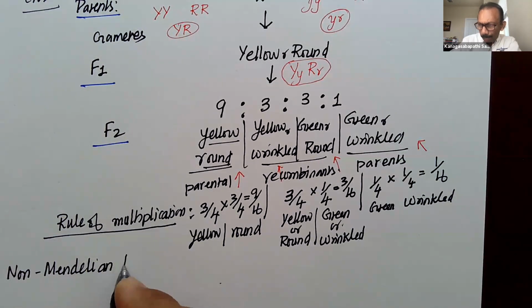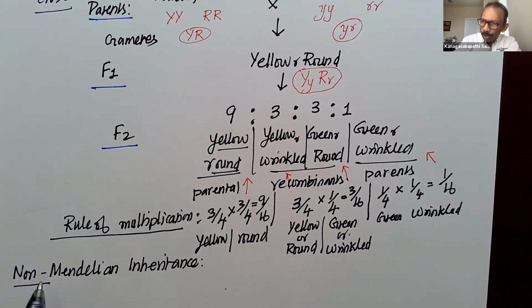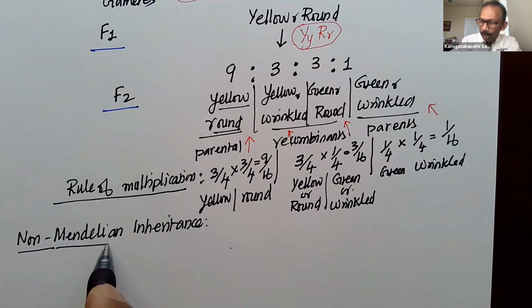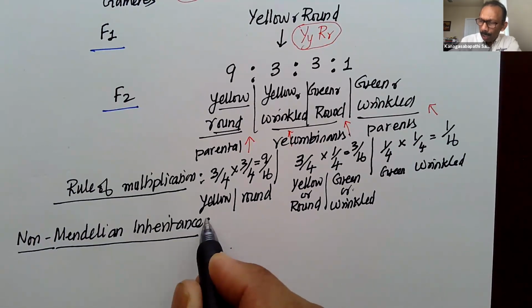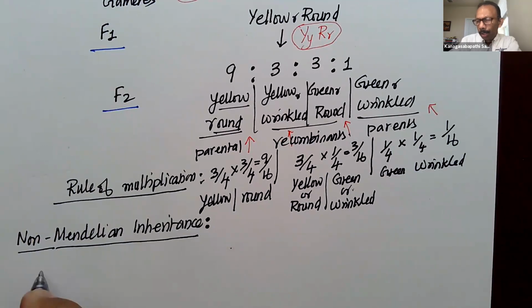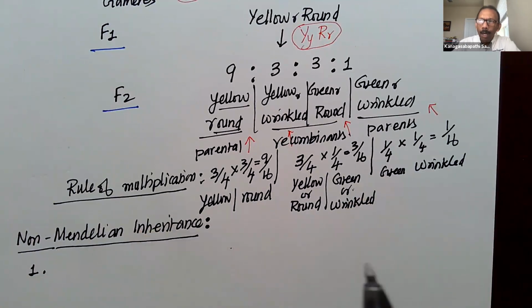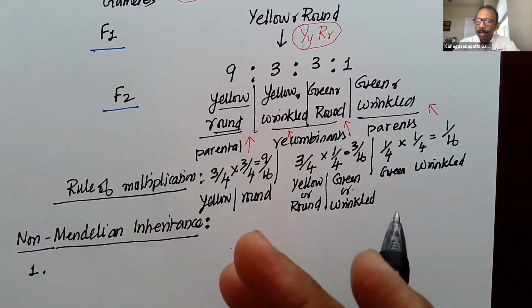Non-Mendelian inheritance refers to other types of patterns that other scientists discovered after Mendel published. You don't need to do the patterns here, but understand how non-Mendelian inheritance works.